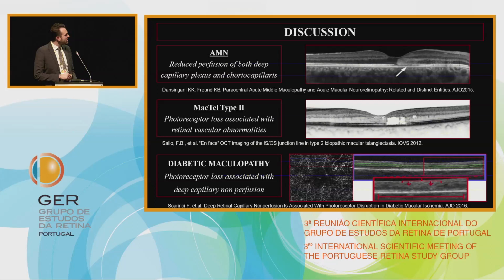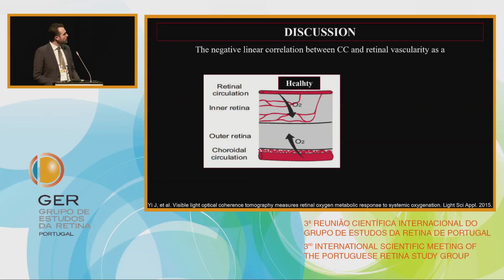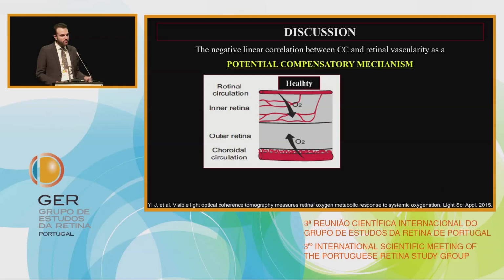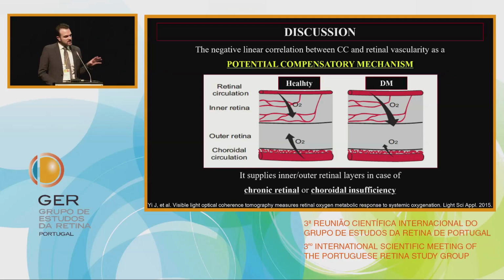And in case of diabetic maculopathy, we have a photoreceptor loss associated with deep capillary non-perfusion, as has been demonstrated. So we hypothesize that the negative linear correlation between choriocapillaris and retinal vascularity is a potential compensatory mechanism that we have in case of diabetic maculopathy that supplies the inner or the outer retinal layers in case of chronic retinal or choroidal insufficiency.